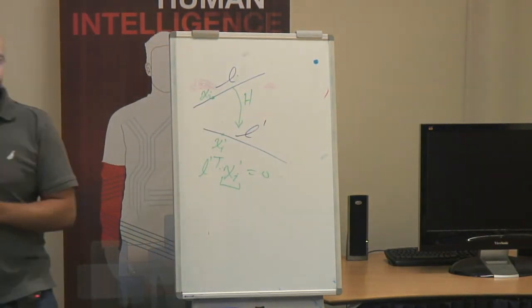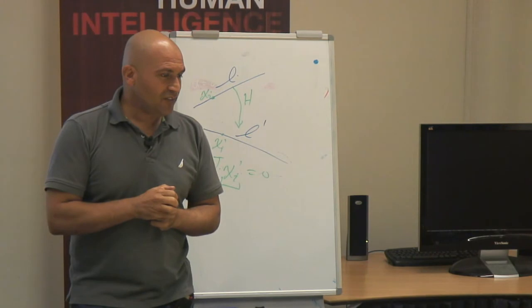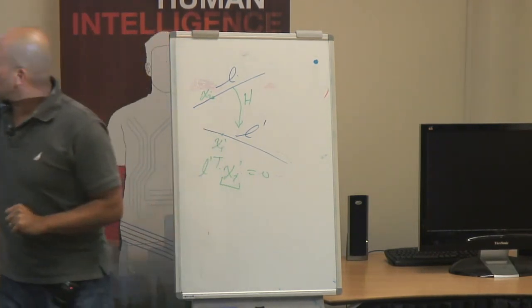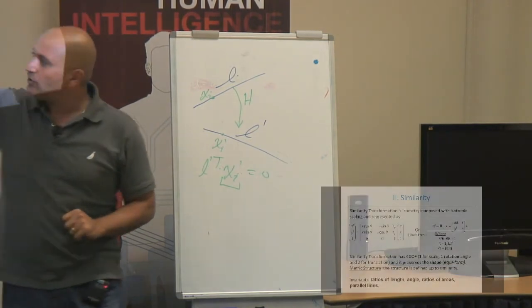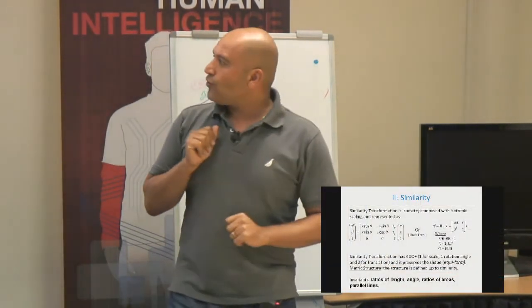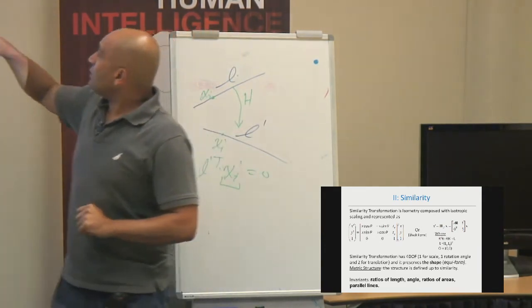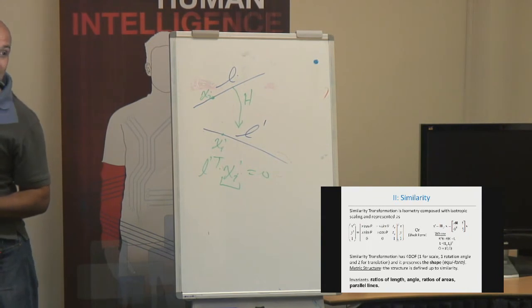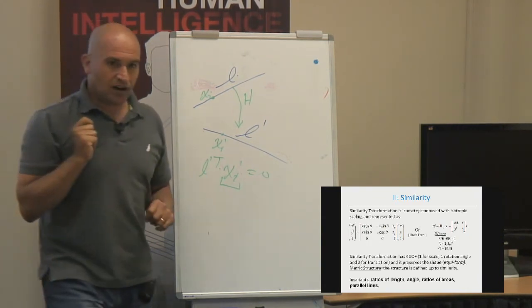And we have the same as what we have in the isometry. So we have 4 degrees of freedom: 1 for scale, 1 for rotation, and 2 for translation. If we write it, it's exactly the same, but we add the value S before the matrix R.